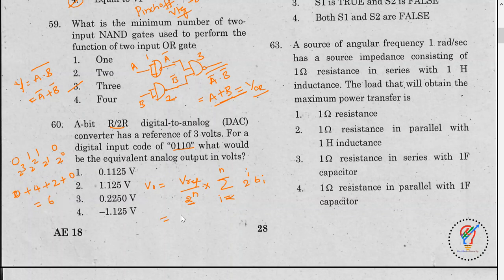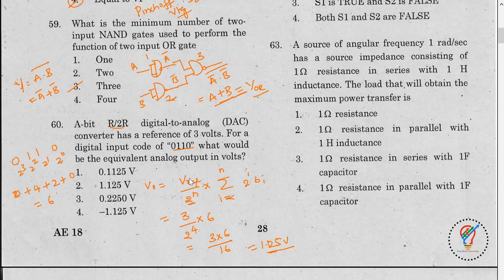Now the reference voltage is 3 volts, divided by 2 power 4, since 4 bits are there, into 6. So 3 into 6 divided by 2 power 4, which is 16, so the answer will be 1.125 volts here.